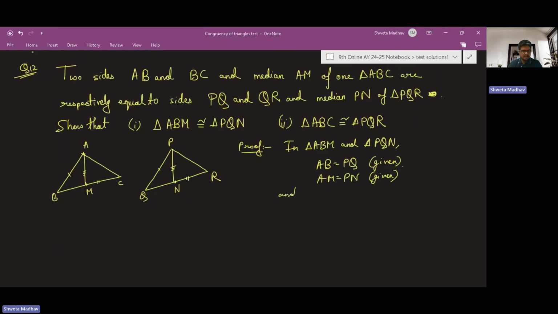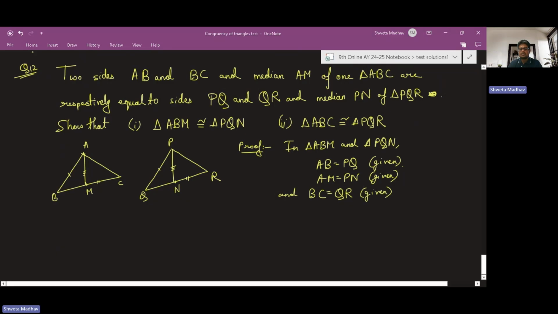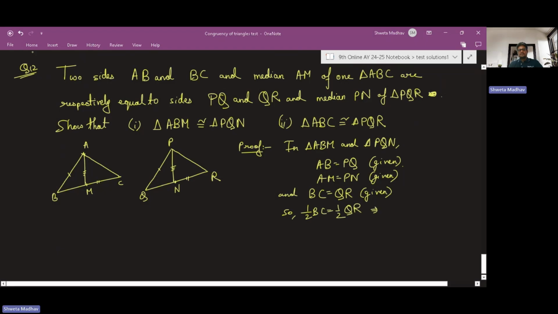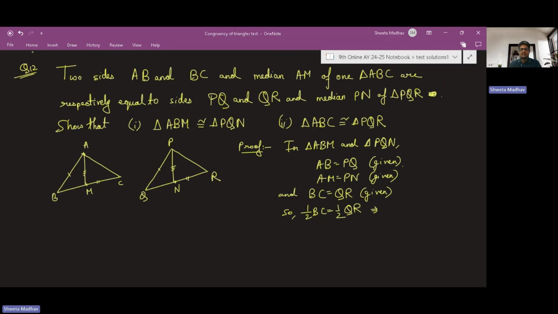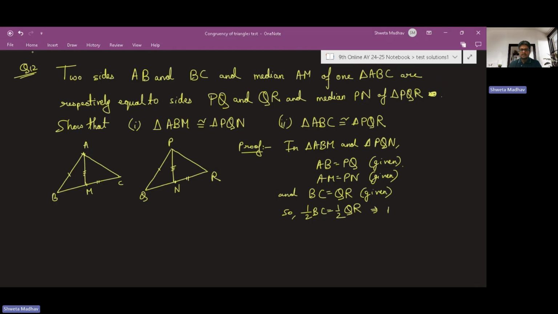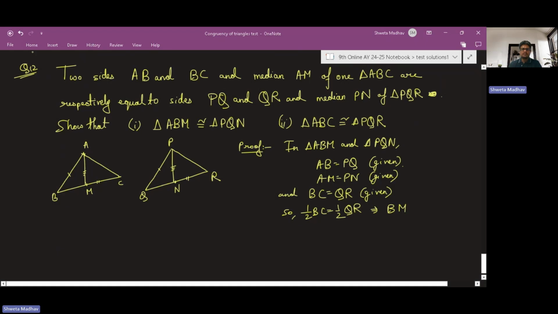And BC is equal to QR, which is also given. So I can say that half of BC will be equal to half of QR, and since M is the midpoint, we can say BM is equal to half of BC.